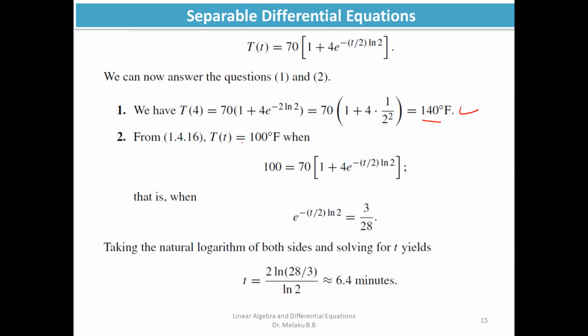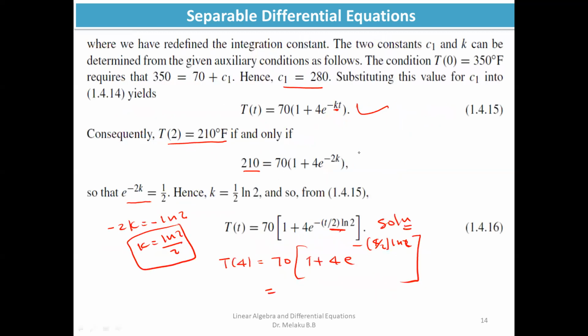And the second case is what? At what time will the temperature of the bar be reduced to 100 degrees centigrade? The second is to find t, so that the temperature of the bar will be 100. What we have to find is only t. So still we are going to use this solution.